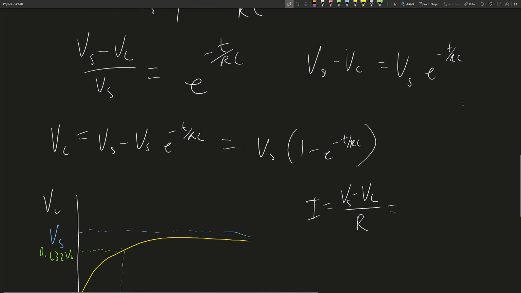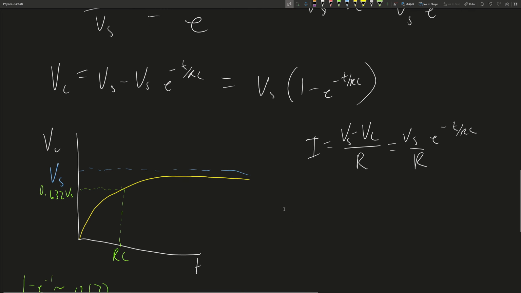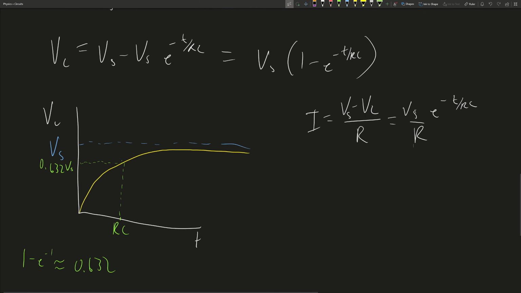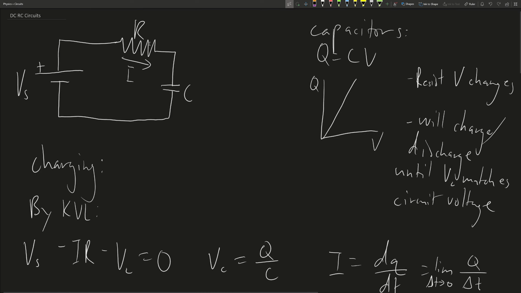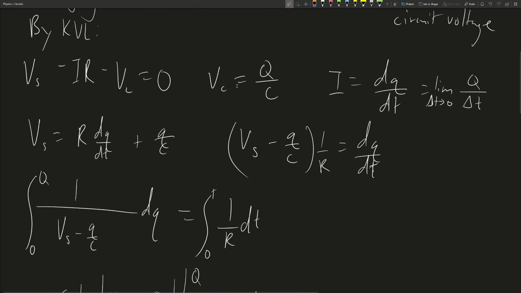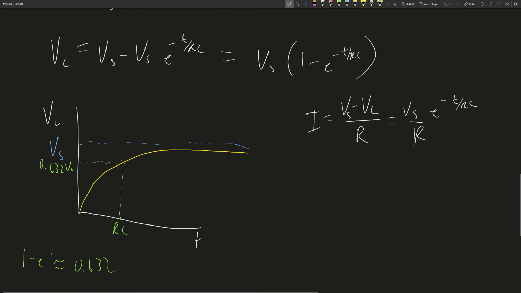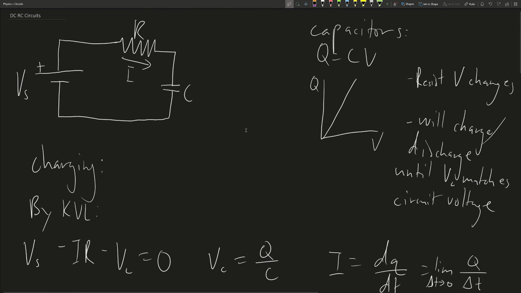Vs minus Vc here, we see is just equal to Vs times e to the negative t over RC, and then this over R. Now Vs over R is going to be the initial current of the circuit. So it's the initial charging current of the capacitor. And it's also going to be equal to the current if the capacitor was replaced with a short.